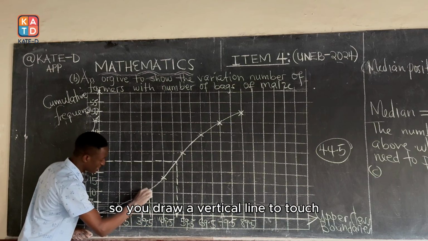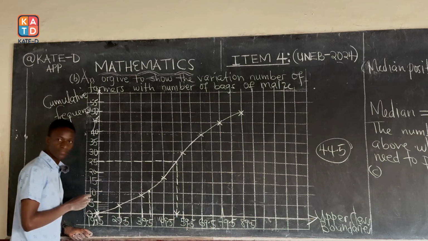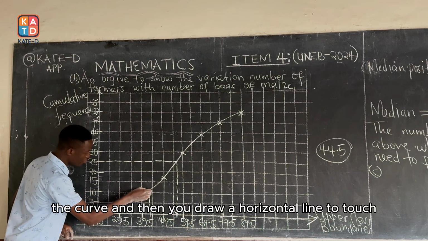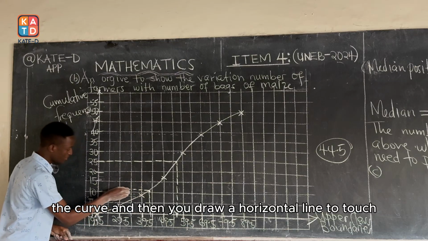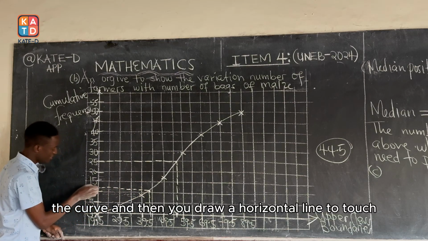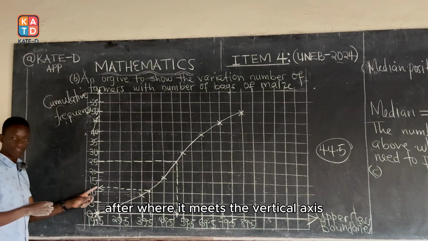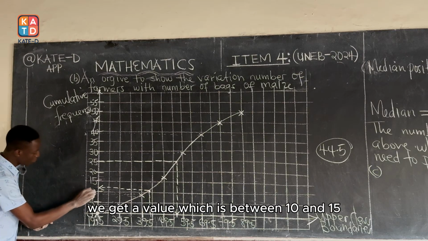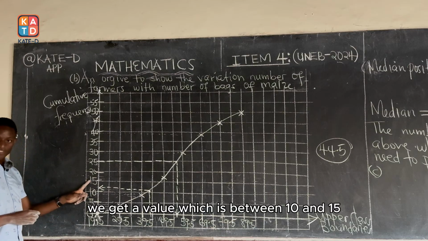So you draw a vertical line to touch the curve, and then you draw a horizontal line to touch up to where it meets the vertical axis. At this point, we get a value which is between 10 and 15.